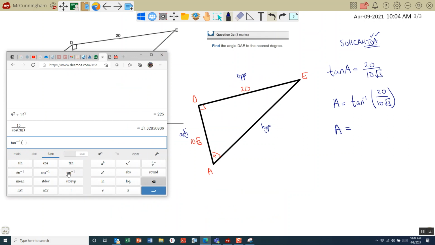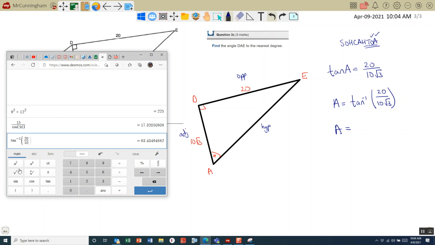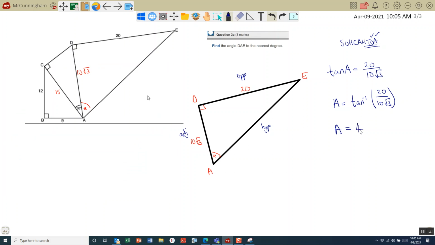So inverse tan, 20 divided by 10 and our root button, root 3, and we get 49.1, and we want it to the nearest degree, so it's going to be 49 degrees.